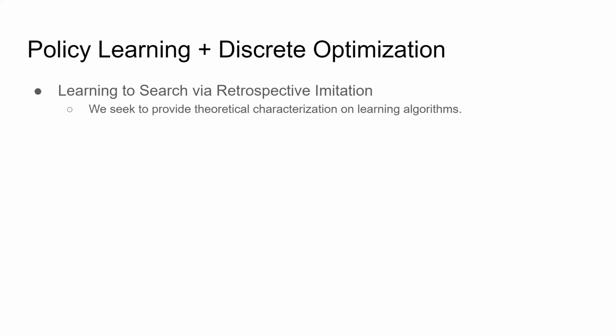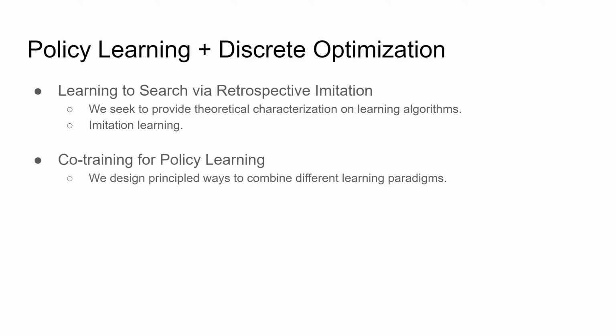Here we seek to provide theoretical characterizations for this new learning algorithm, and it's based on imitation learning. The second work is called co-training for policy learning. Here we're designing a principled way to combine different learning paradigms. As the name suggests, we'll combine reinforcement learning and imitation learning and blend them together into one unified framework to do policy learning for discrete optimization.